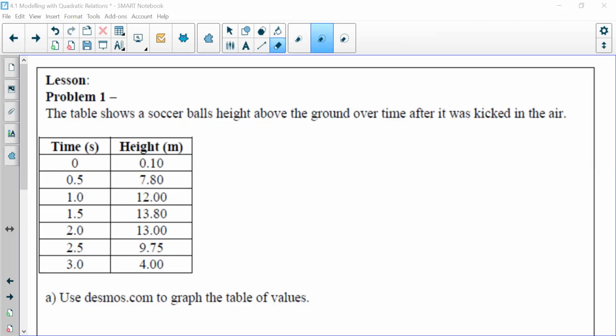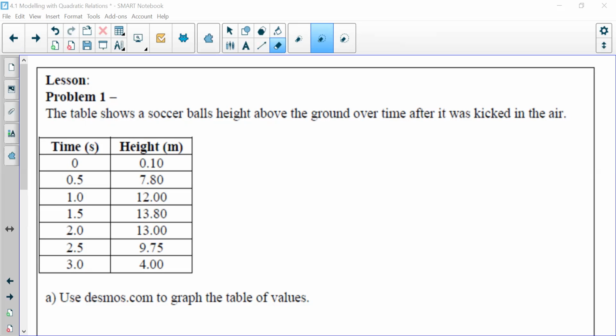For time, do you want the time first or both? So 0 and then what? Okay, so 0, 0.5, 1, 1.5, 2, 2.5, 3.